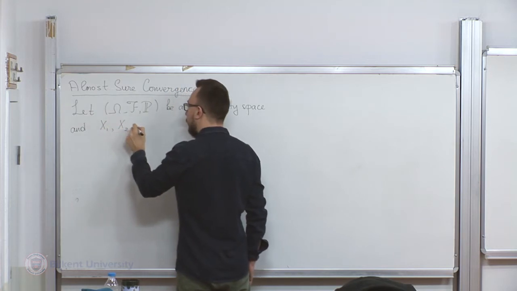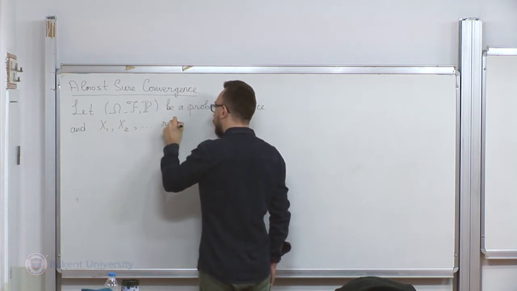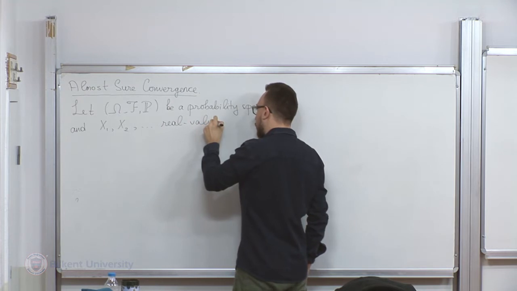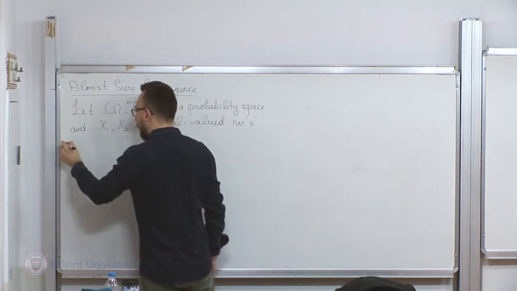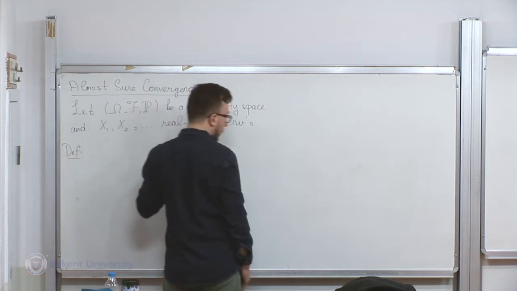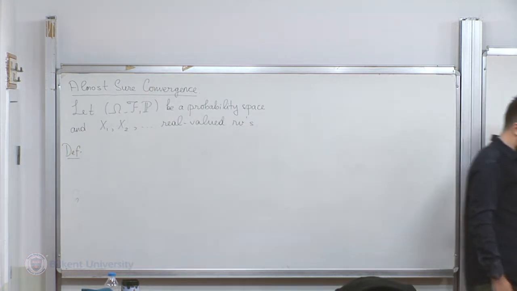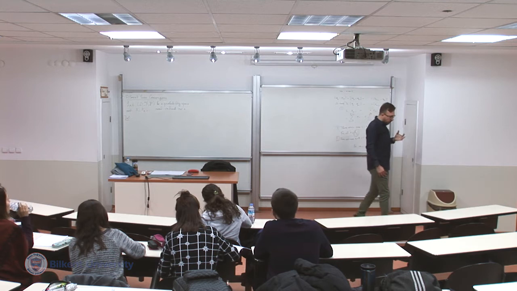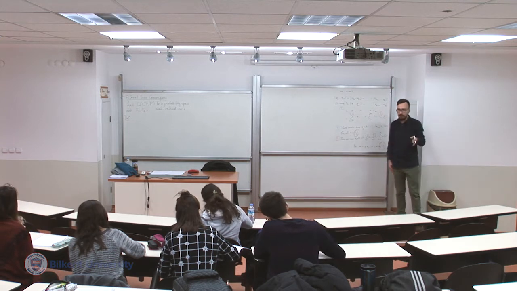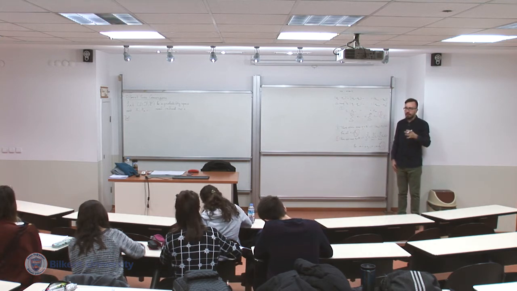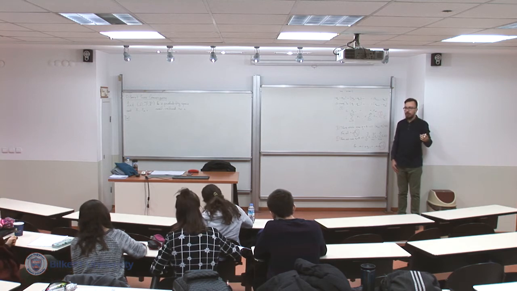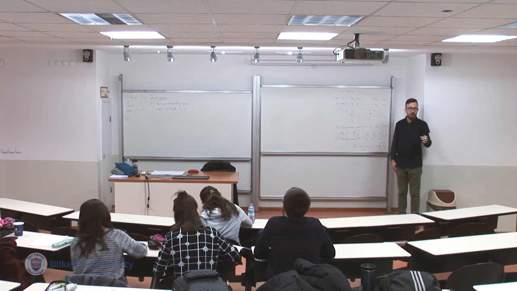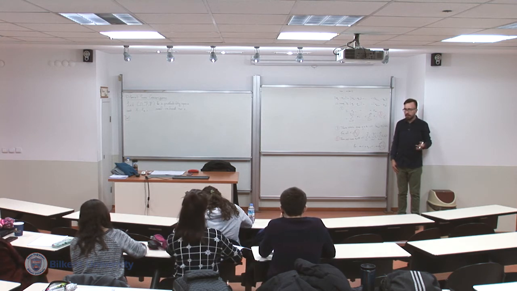x1, x2, etc., real-valued random variables. So here's the definition. So this definition is, in fact, quite simple. So the definition of almost sure convergence is as follows. You look at the sequence x1, x2, x3, omega by omega. So just look at every possible realization of the sequence. This means you have a sequence of real numbers, right?